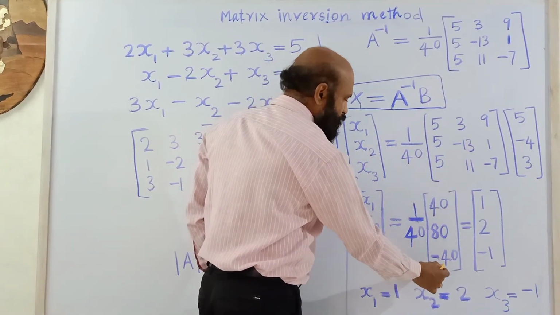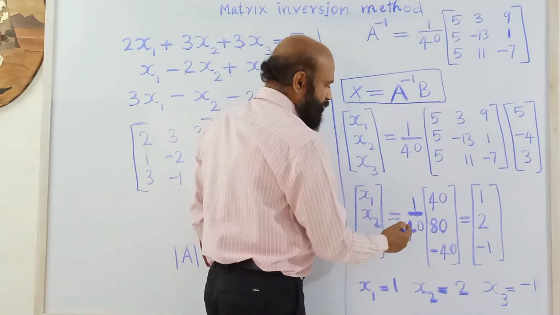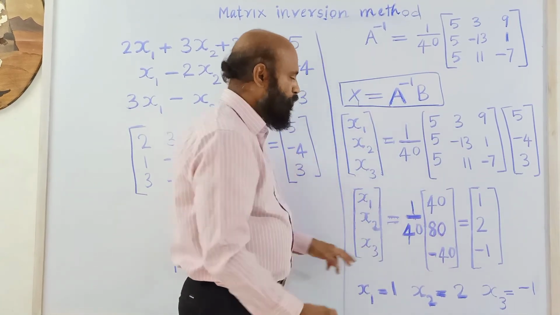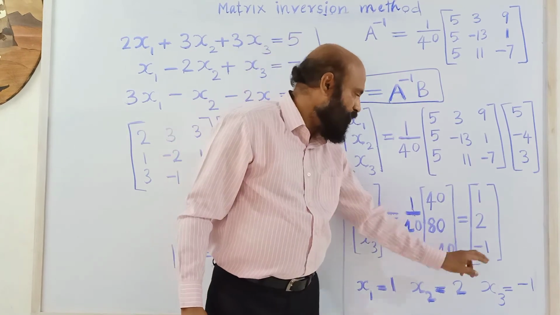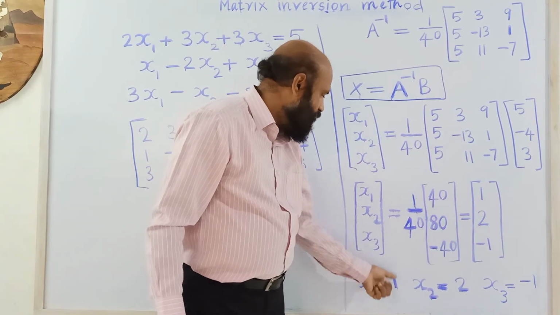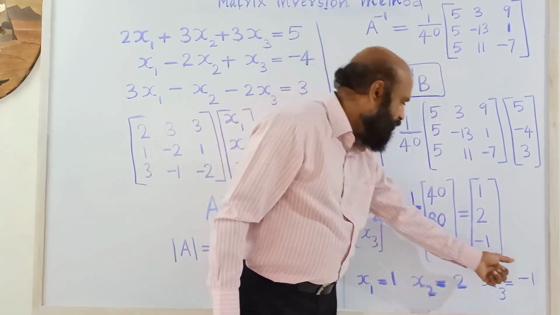So you will get this. Then take this 1 by 40 inside. 40 into 1 by 40 is 1. 80 into 1 by 40 is 2. Minus 40 into 1 by 40 is minus 1. So comparing this, x1 is 1, x2 is 2, x3 is minus 1.